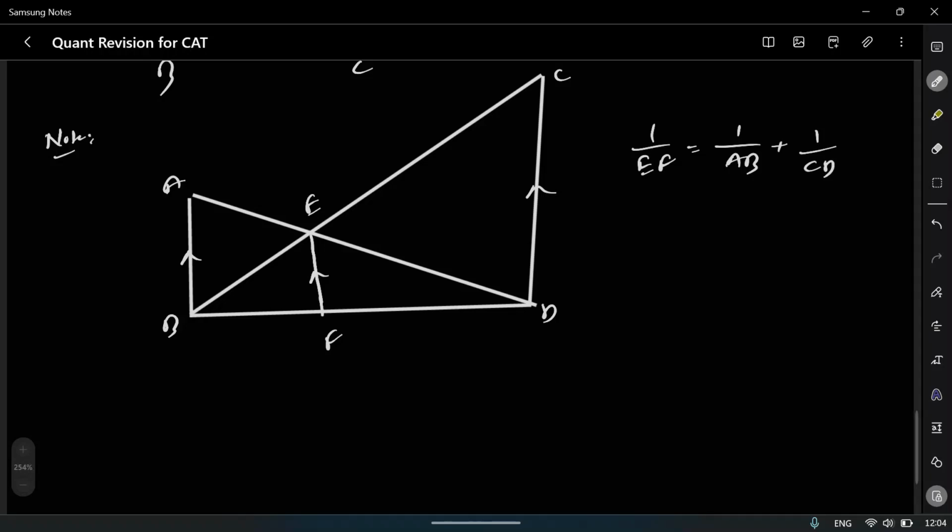This is also a previous year's question, so remember it. If you get any question from triangles, always try to equate areas in all possible ways. This will help while solving any problem on triangles.